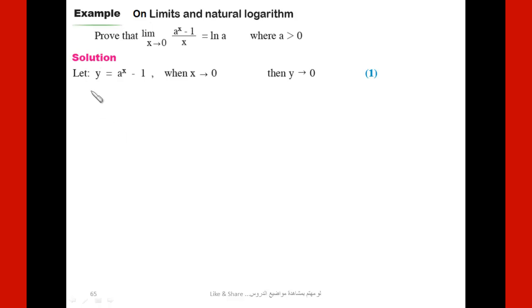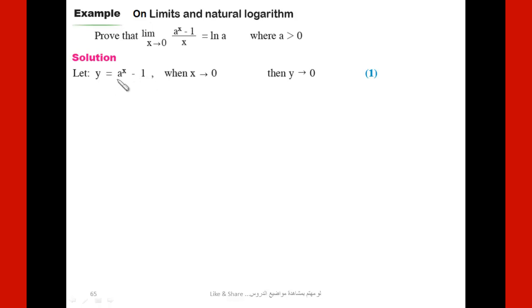Solution. First, let y equal a power x minus 1. This numerator, a power x minus 1, we consider equal to y. So when x tends to 0, then y tends to 0. How is that? When you substitute x equals 0, you get a power 0, and a power 0 equals 1. 1 minus 1 equals 0.